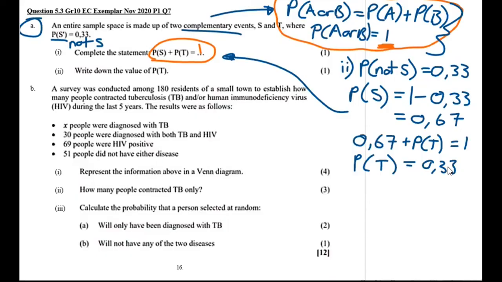Oh, okay, ma'am. Because the fact that they're complementary, Natalia, means that when I did the 1 minus, not S is the probability of T, because probability of T is everything else. Does that make sense? Yes, ma'am. That's what complementary means. Okay, brilliant. And I saw lots of answers coming, and people changing their minds in the chat.